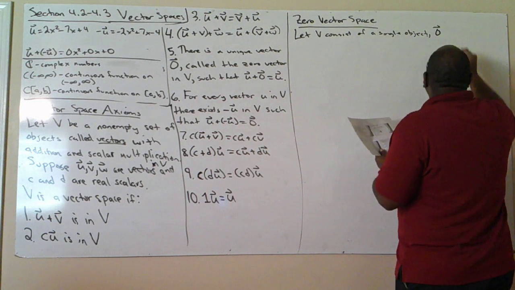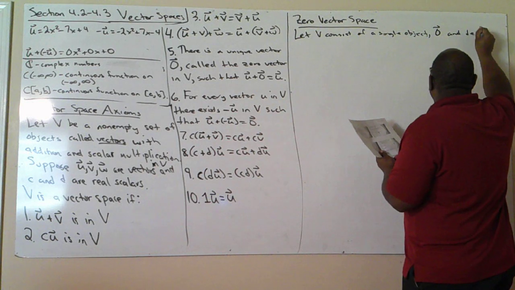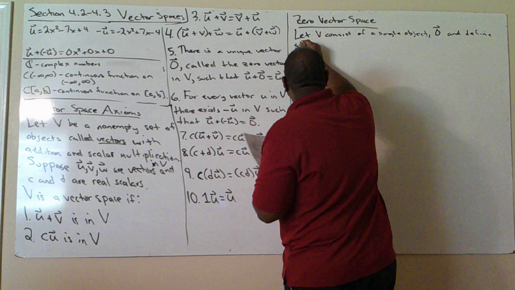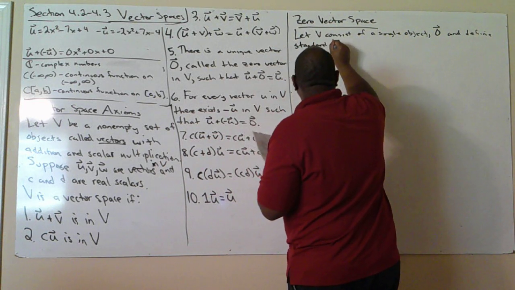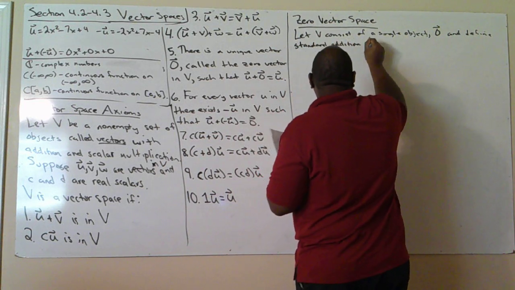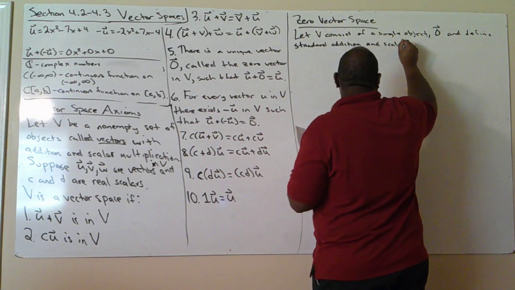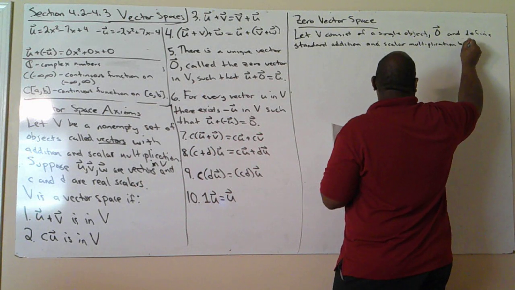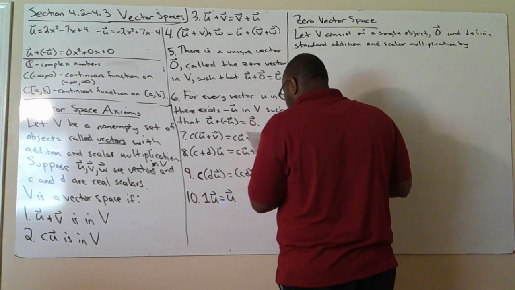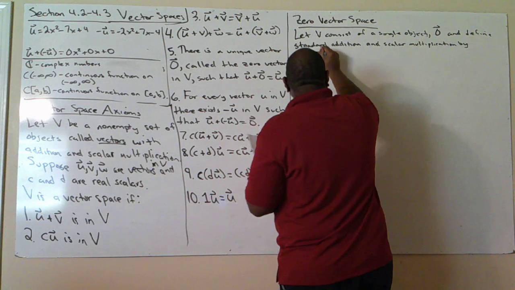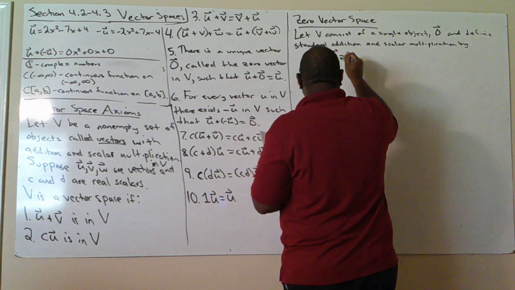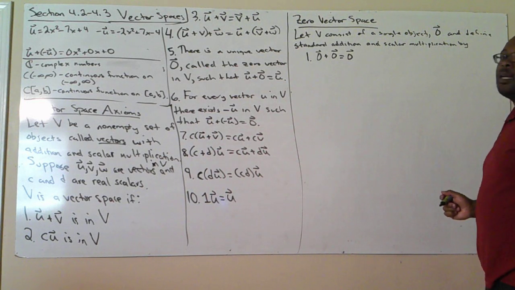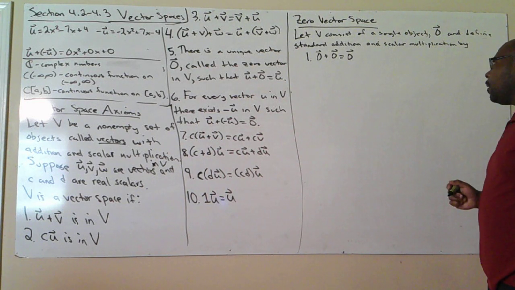And define standard addition and scalar multiplication by 1, 0 plus 0 is equal to 0. Or I should say the zero vector plus the zero vector is equal to the zero vector. 2.